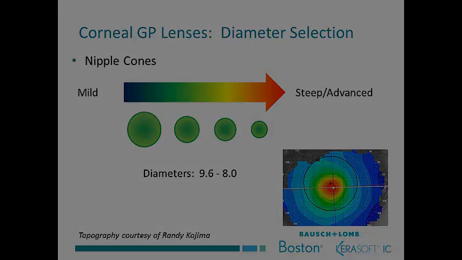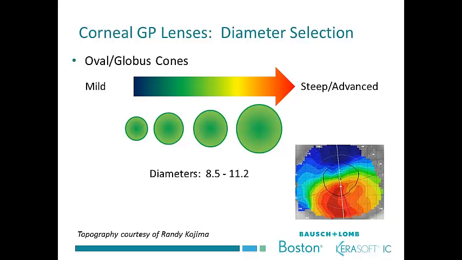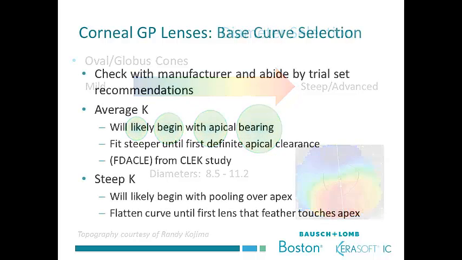Now conversely, if you have oval or globus cones, you start with a smaller diameter, and here we say 8.5, but in fact it could be a 9.6 like in the other example, but you start to increase your diameter if the severity or the steepness advances. So here you can see the diameter can go up towards 11.2, which is considered an intralimbal corneal GP lens.